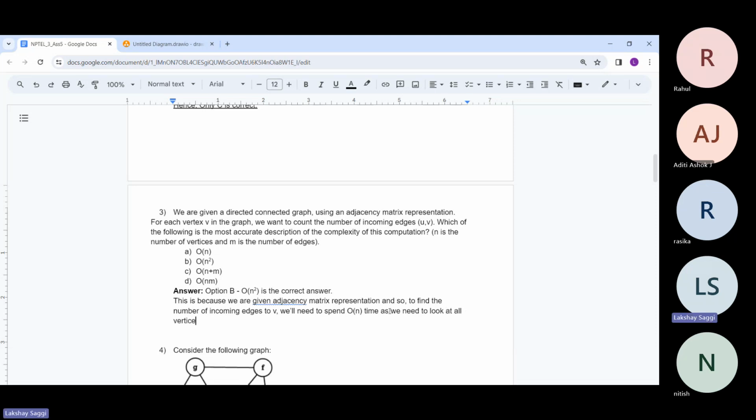And since there are n vertices, overall this takes order n square time.